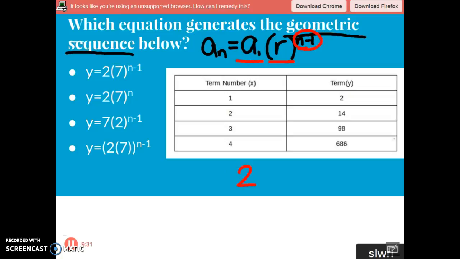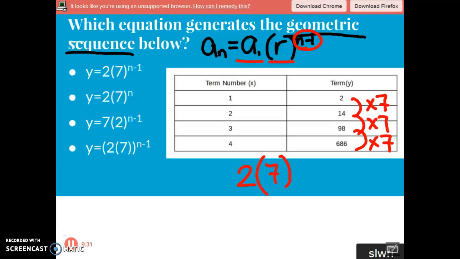Our common ratio is, well, 2 times 7 is 14. 14 times 7 is 98. 98 times 7 is 686. So the common ratio is 7. It's increasing, so I knew I wasn't going to multiply by a fraction. So it's increasing by a factor of 7.